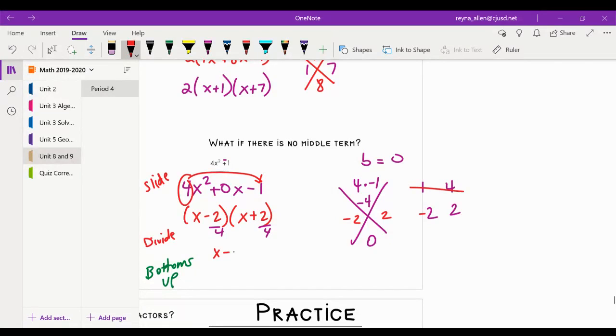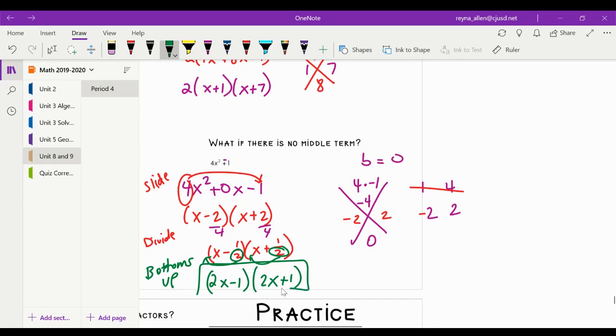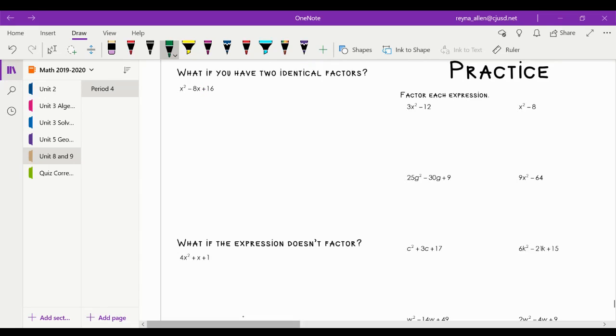So we get x minus 1/2, x plus 1/2, and then the bottoms up. The 2 goes to the front, and the 2 goes to the front. So those are your new factors.